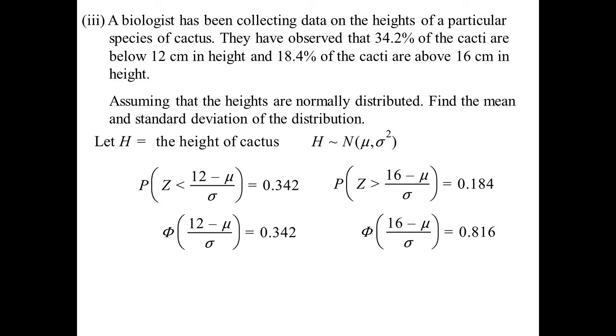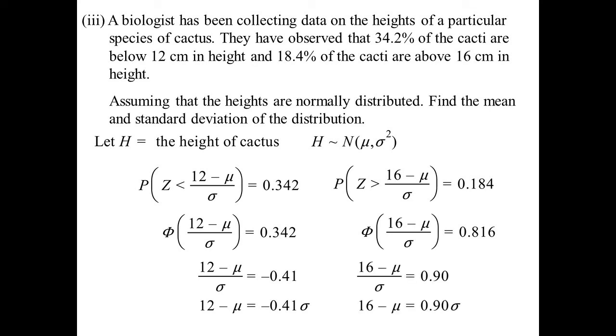Looking at our tables, we've got 0.6591 and 0.6554, so it's somewhere in between 0.40 and 0.41. It's closer to 0.41, so I'm going to say 0.41, but therefore I want negative 0.41.